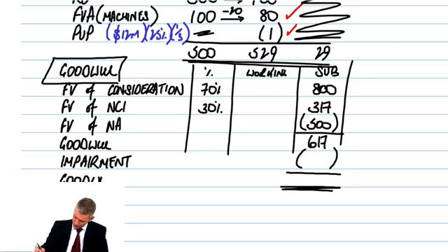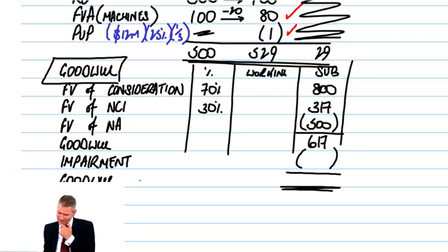Which is separately worked out in a separate working, which rather unfortunately seems to need a separate page for me, which is a bit awkward, but can't be helped. Let's go and do that separate page. Here we go. Here's the impairment review itself.